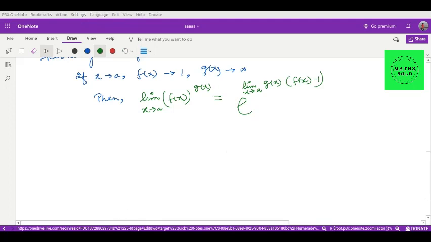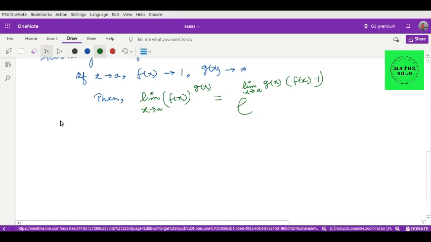So here we have the problem. Now for solving this problem we have to put the values in this formula.